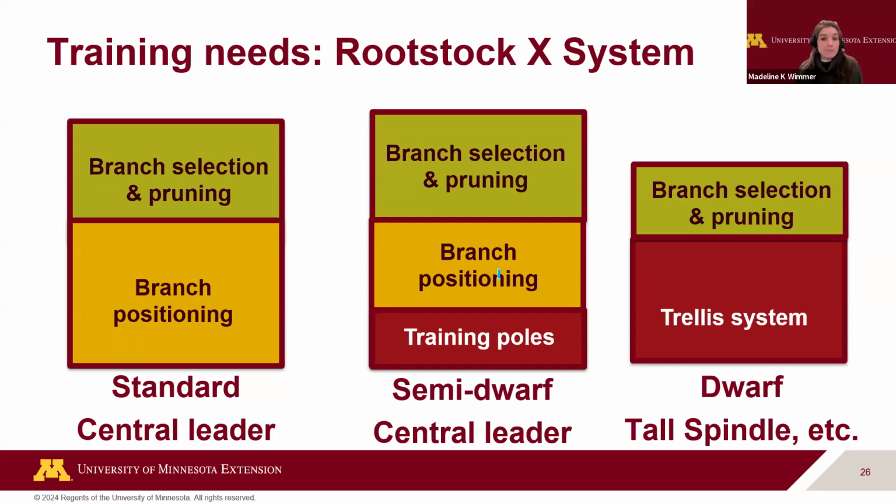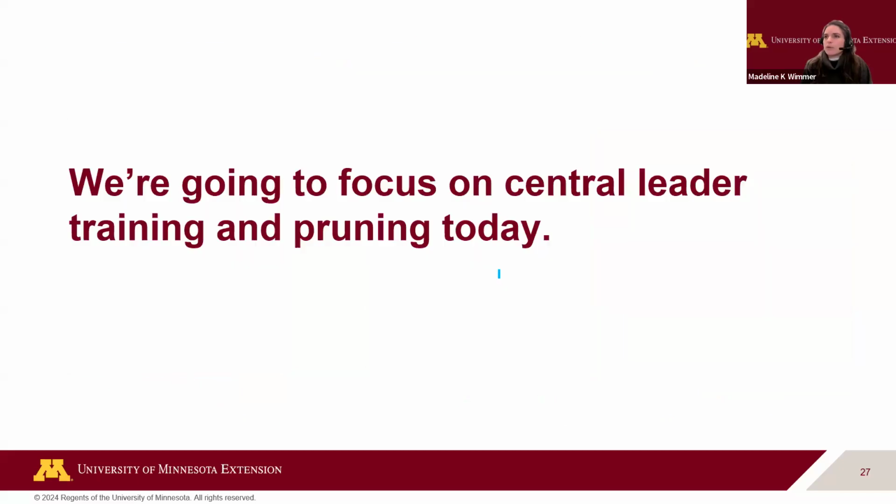Branch positioning might be needed depending on how quickly the tree matures. And then training poles or posts may also be used. And then that dwarf tall spindle system where you're going to have a trellis system and you are probably going to be selecting branches and pruning along the way to guide that growth.